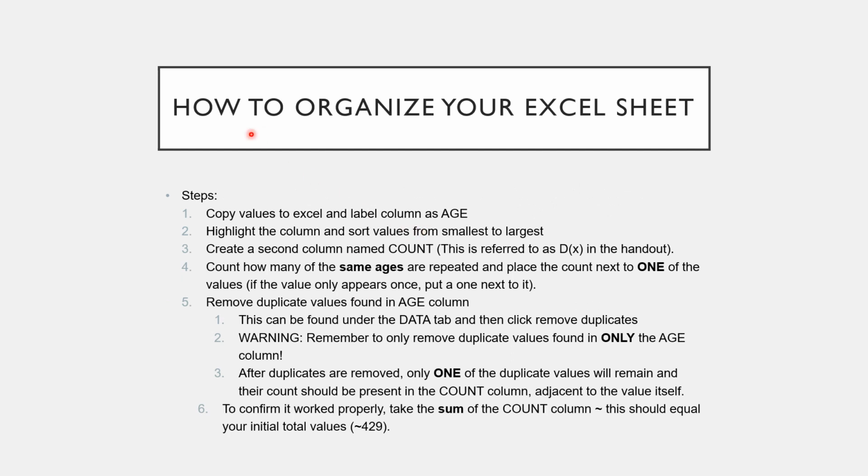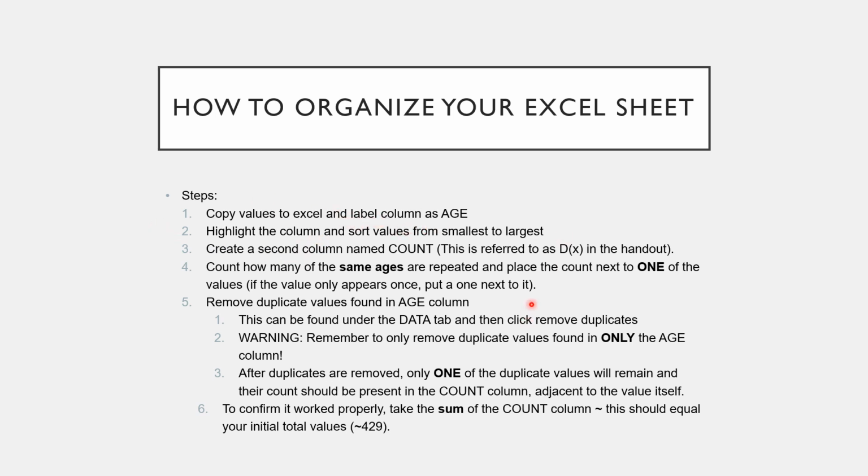All right, so the first thing that I would like to hit on is how to organize your Excel sheet, because for your assignment, you are only given the ages at which these men in Southwest Austin, Texas had died. So you're going to have to create and format your Excel sheet yourself. I can go over a few steps with you on how to do that. I would start off by copying your values into Excel and labeling that column as age.